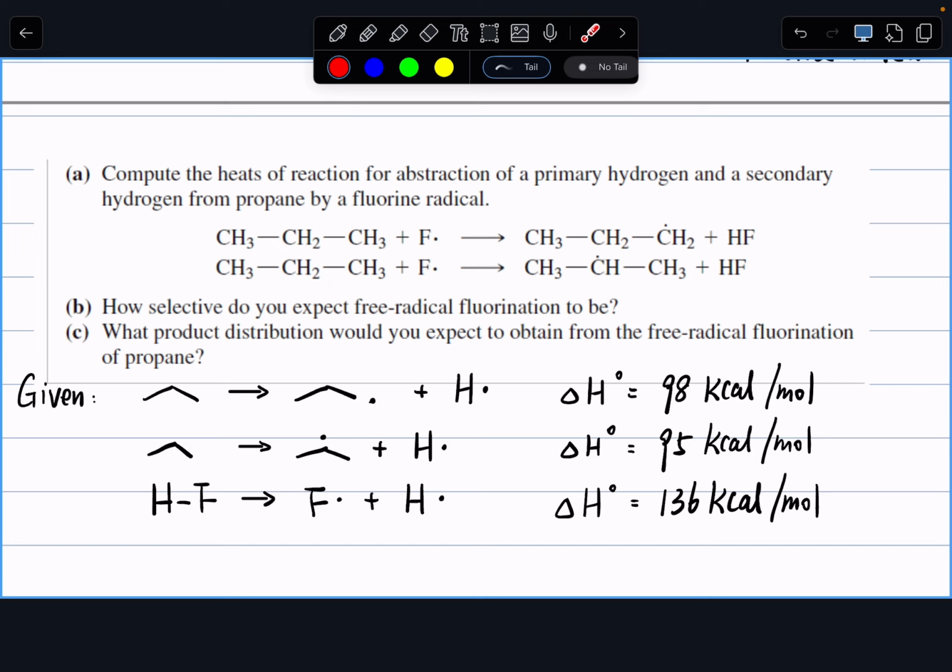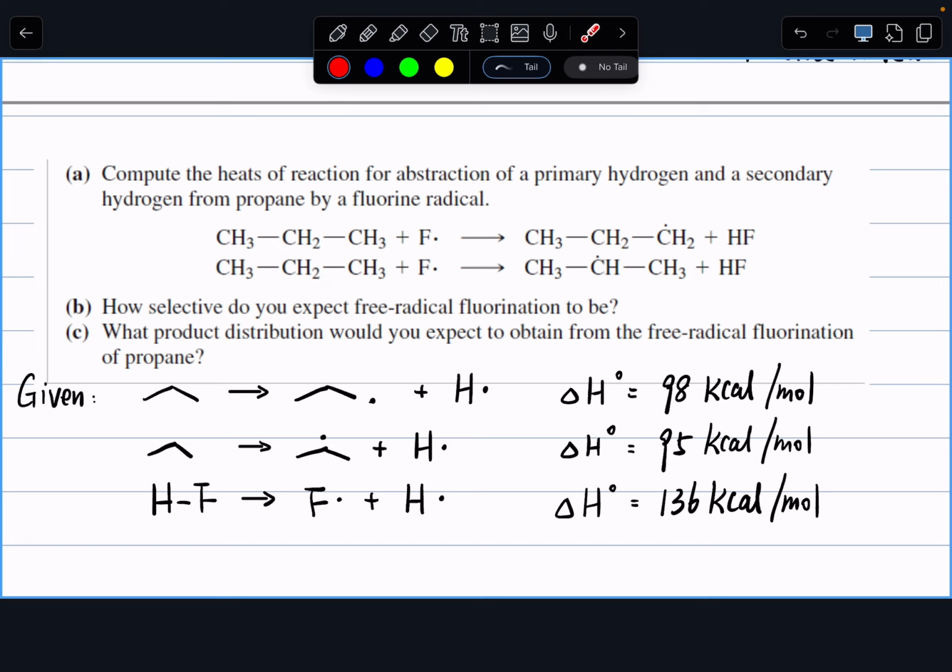So in this case, because we're looking at such an extremely exothermic reaction, we're expecting my transition state to be a super early transition state using the Hammond postulate. And what else do we know?